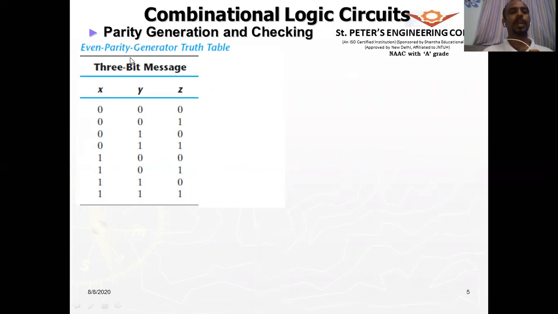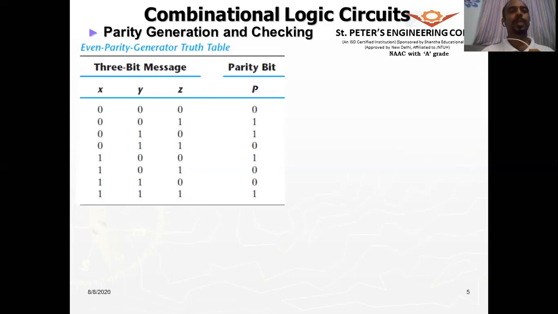When we say even parity, that means we have another bit called the parity bit, which will become 1 to make sure that there are an even number of ones at any given point of time. Since here there is only one 1, the parity bit will become 1 to make sure that there is an even number.